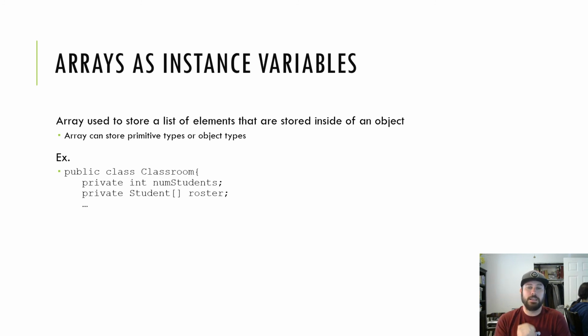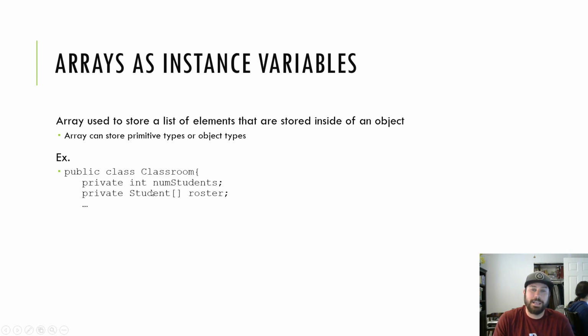A lot of times the College Board will put this on an AP exam because it's difficult. The syntax is difficult because you have to access the elements inside of the array and then use the methods on the elements rather than calling the method on the actual variable. So we wouldn't call any methods on roster.